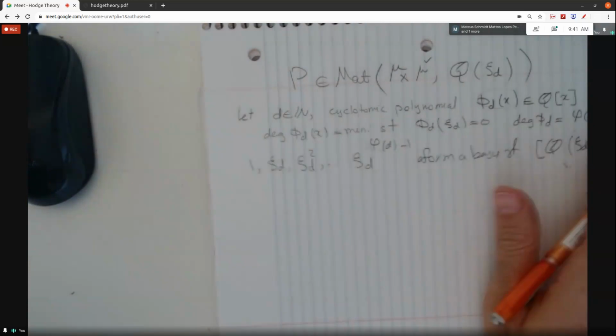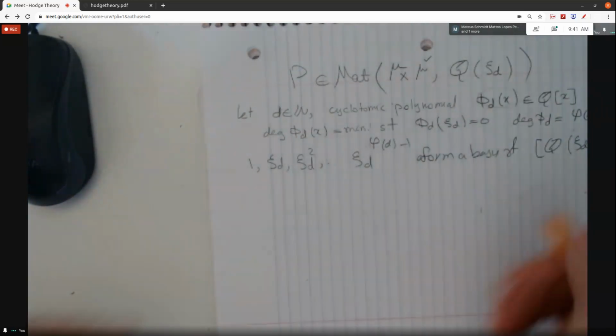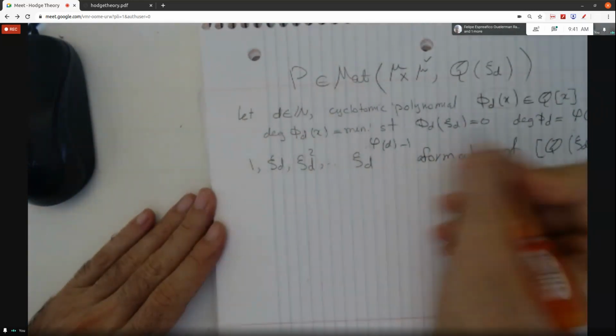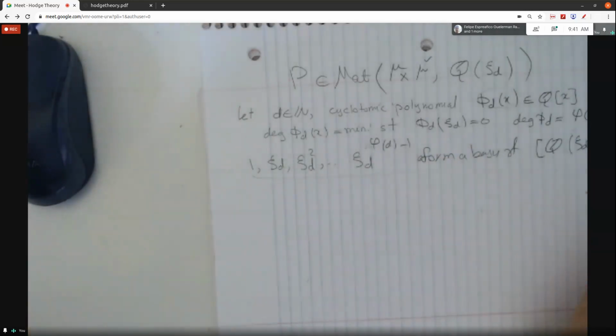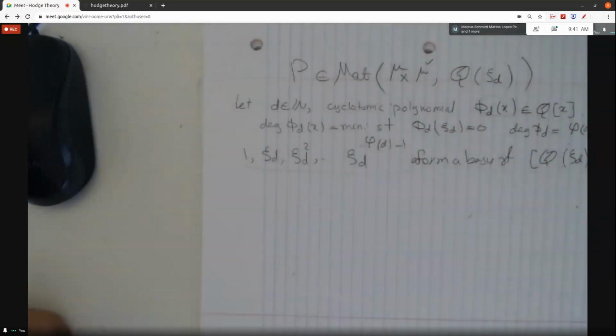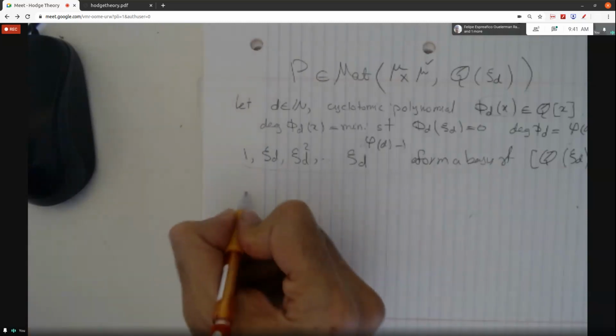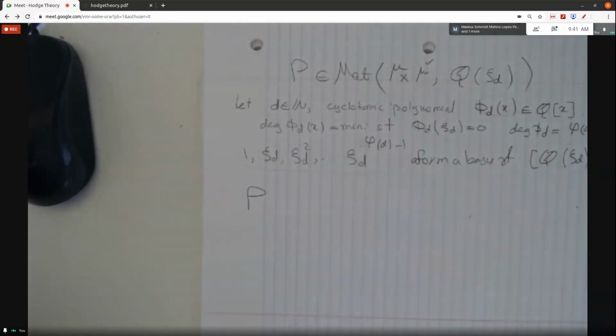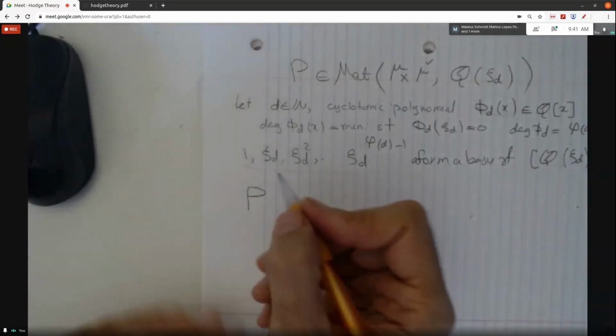And so by definition we have this basis of Q(zeta_d) over Q. So let's come back to our definition of Hodge cycles. Let's take a p.